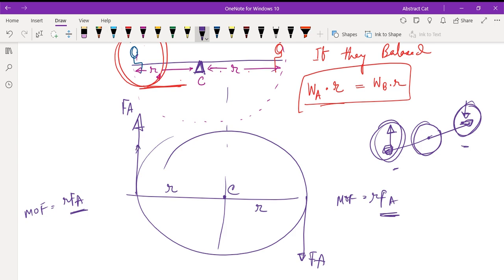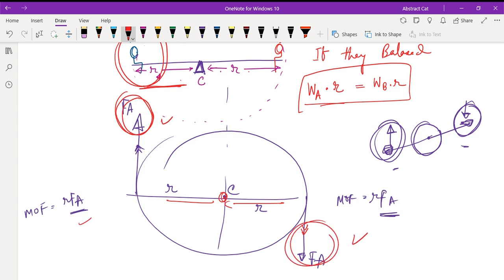These forces are parallel, which is very important, and they are applied on the same object with the same radius. So you get more rotation. With the same force applied here and here, we get double the moment of force, so more rotation.